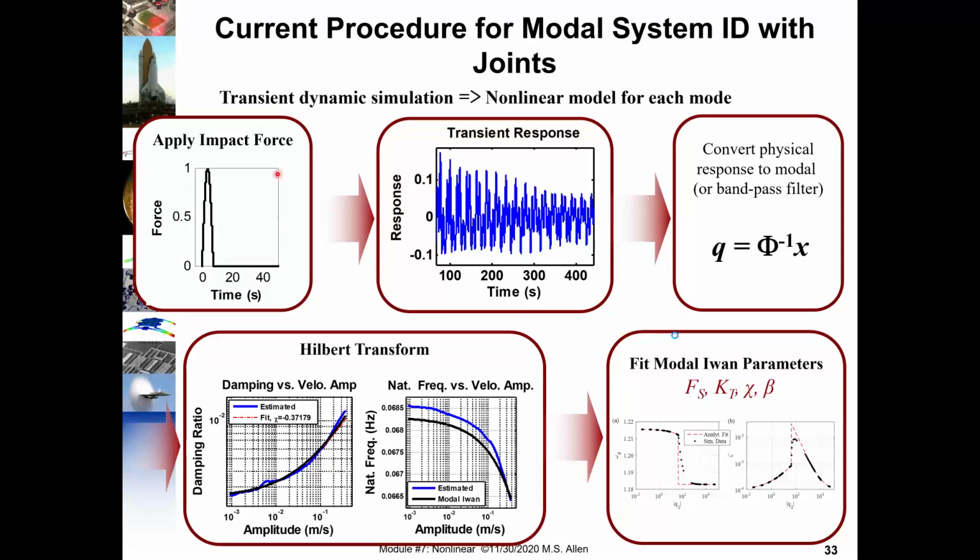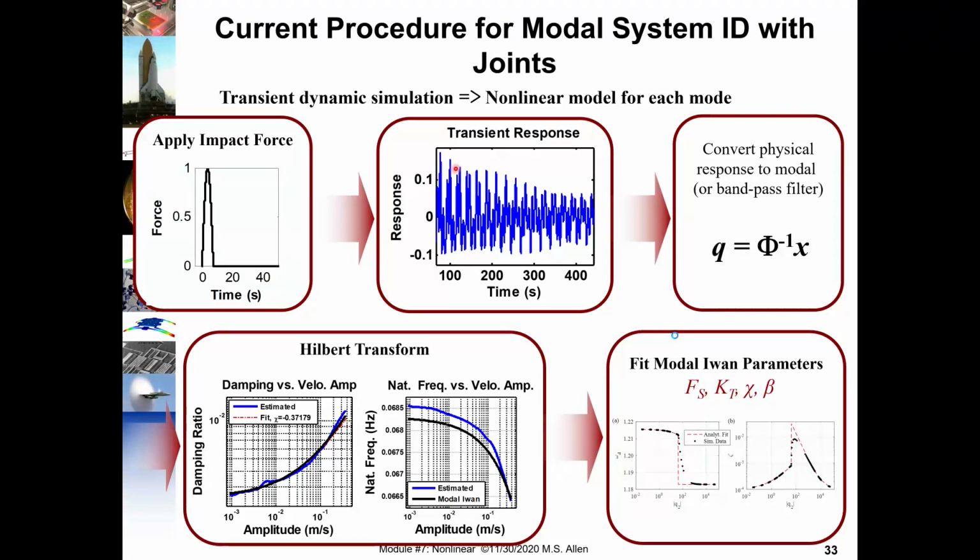If we can do that, then we can do testing kind of as you've done before. We can apply, say, an impact force, we get a response, and then we can break that response into a bunch of modes. Assuming the mode shapes don't change, for example, we could use a modal filter.